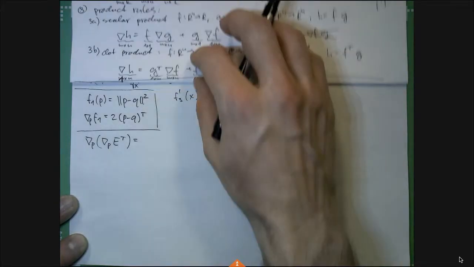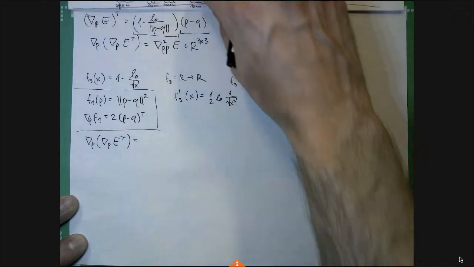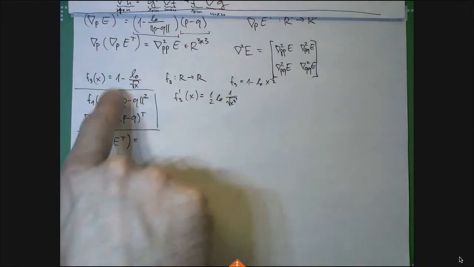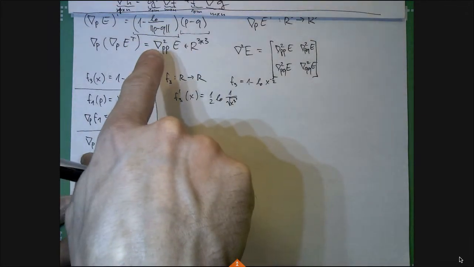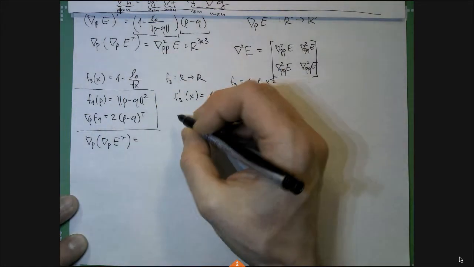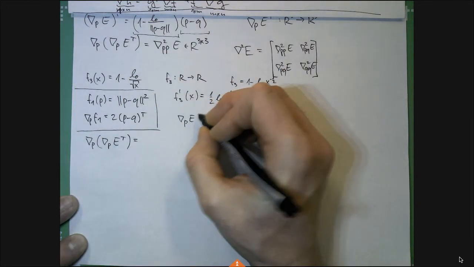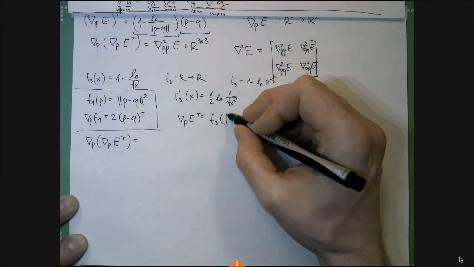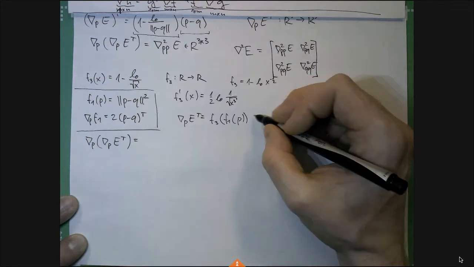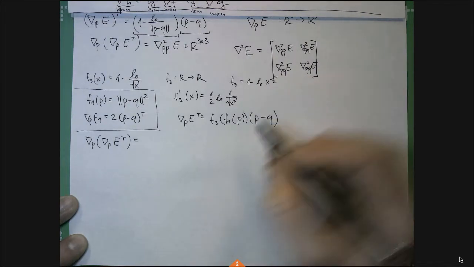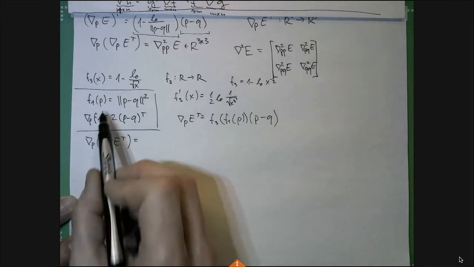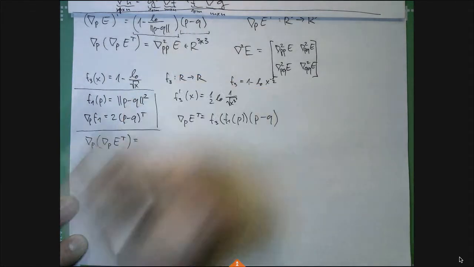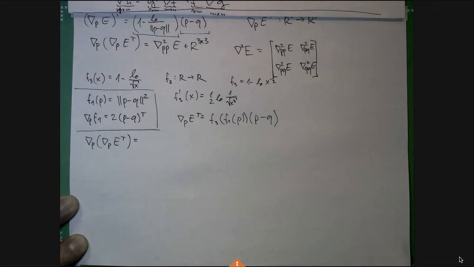Okay, so, I guess even better would be to first write this using my F3 and F1. So this would be the F3 from F1 of P times P minus Q. If I feed this into this function, I get exactly the first term times the second term. It really just isolates it, to apply it by the book.